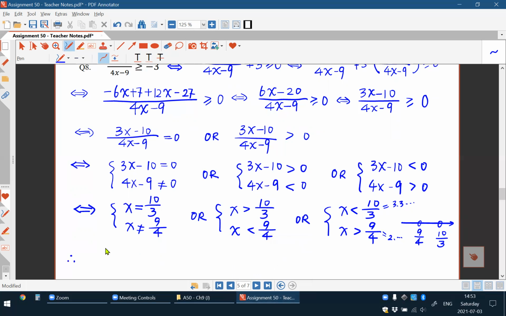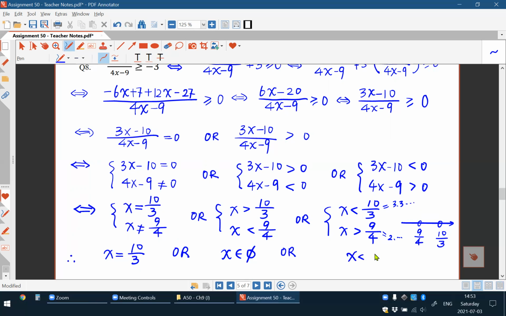Okay, so by combining these three solutions, first of all, x can be 10 over 3, or x is larger than 10 over 3 and smaller than 9 over 4. There is no such x that can satisfy both the two conditions here. Okay, third, x is smaller than 10 over 3, larger than 9 over 4, must be this interval, right?